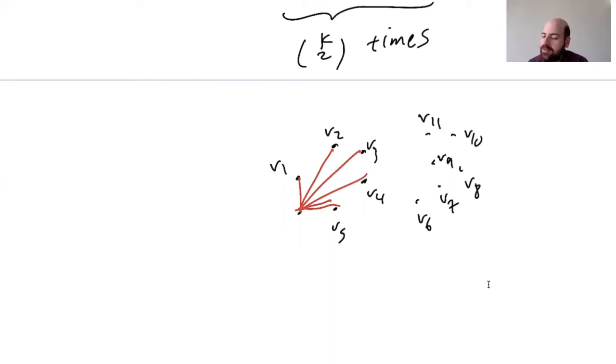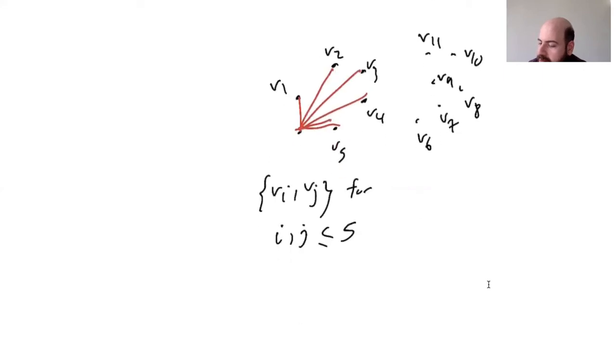I want any edge between Vi and Vj, if i and j are less than or equal to 5, to be red.